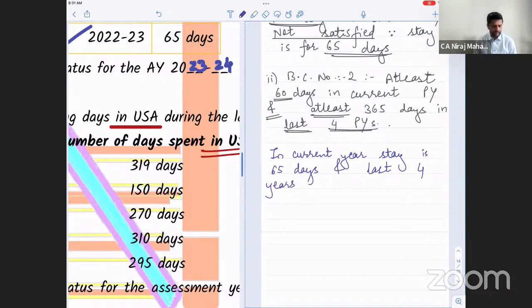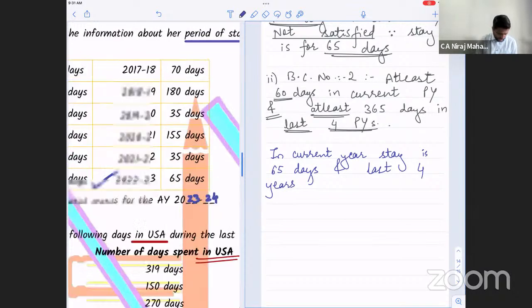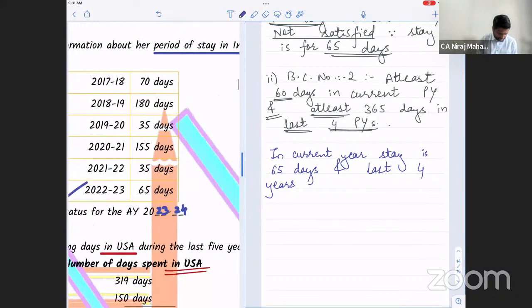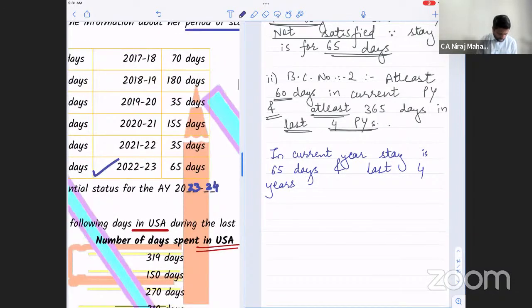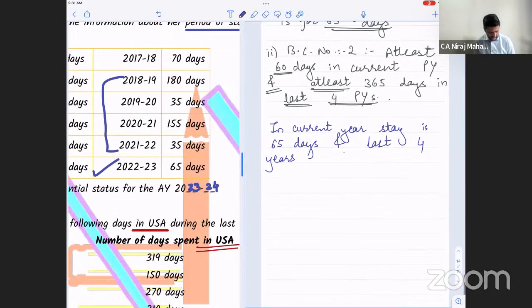I had told you, you have to always give the justification. So last 4 years, up to this one, till 18-19. Correct? I'll write down 35 plus 155 plus again 35 and plus how much? 180. Give me the total, all of you, quickly.